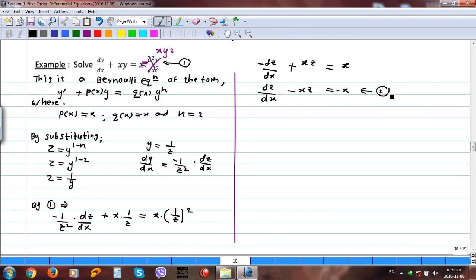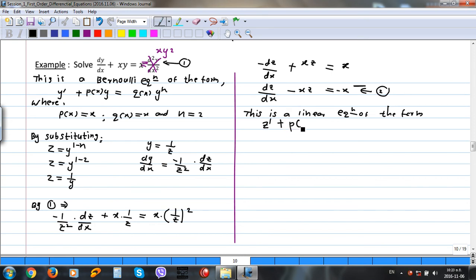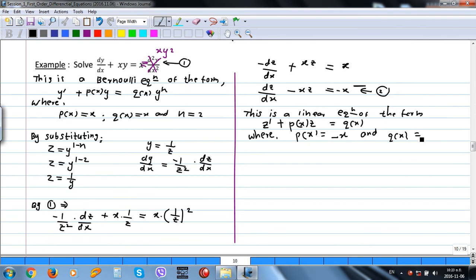So this is a linear equation of the form z dash plus p of x times z equals q of x, where p of x equals minus x, and q of x also equals minus x.